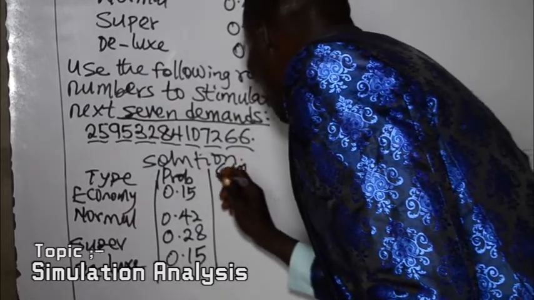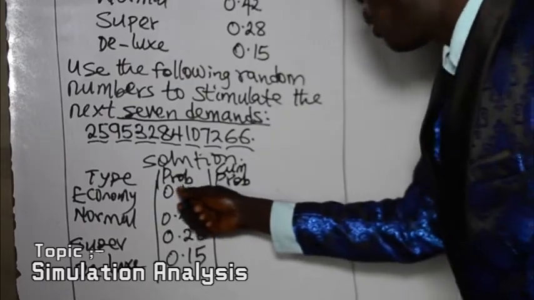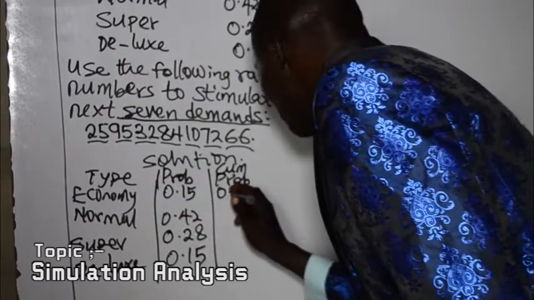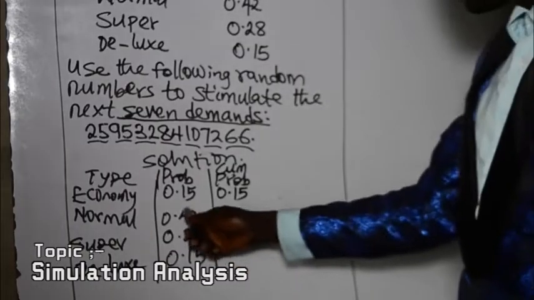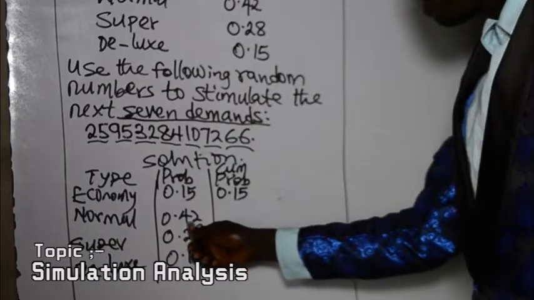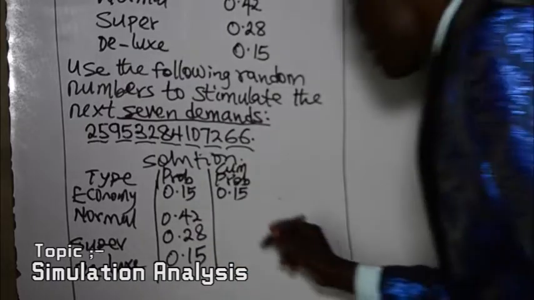Cumulative probability. So you have 0.15. 0.15 plus 0.42 will be 0.57.